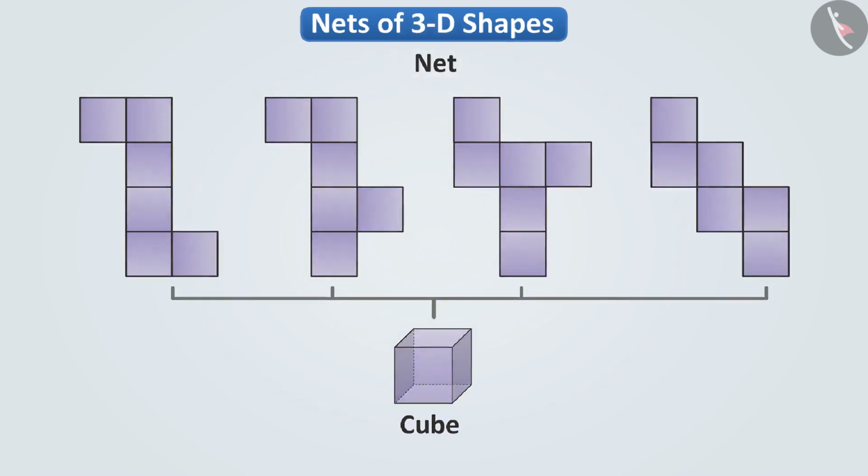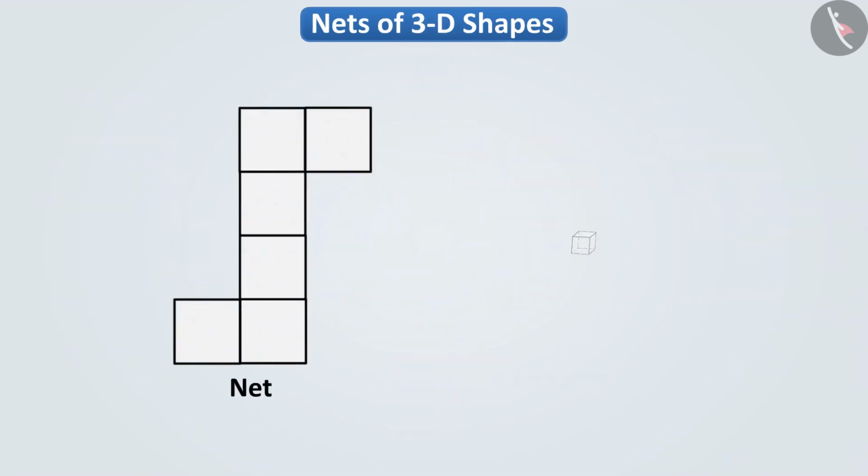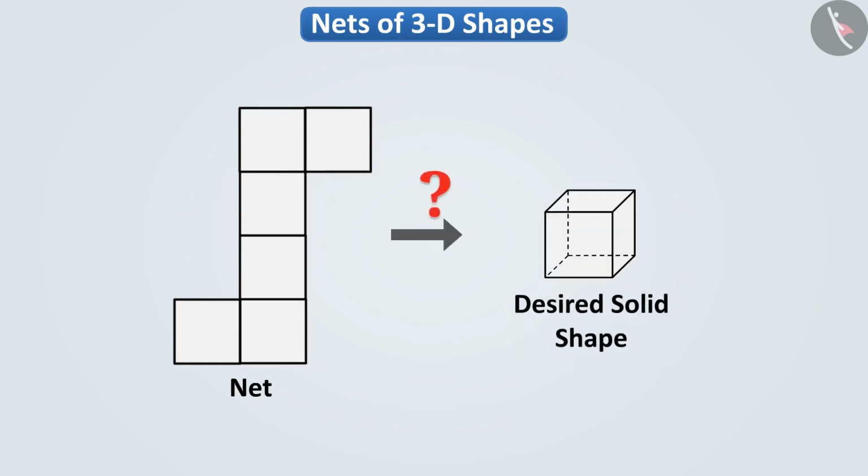Many a times we also need to know whether the desired solid shape can be made from a given net or not. Let us understand some important things in this context. While determining whether a given net can form the desired solid, we should keep in mind that the desired solid shape and the net shown have the same number of faces.